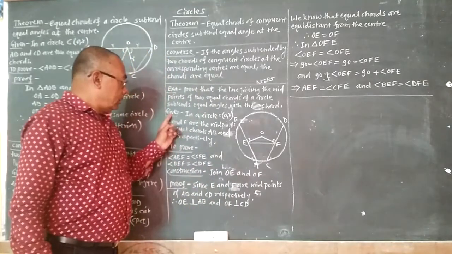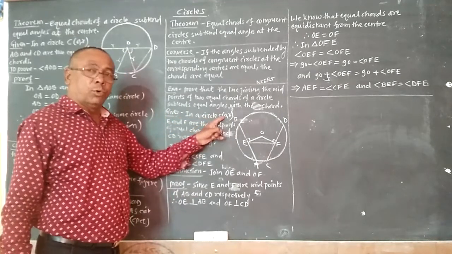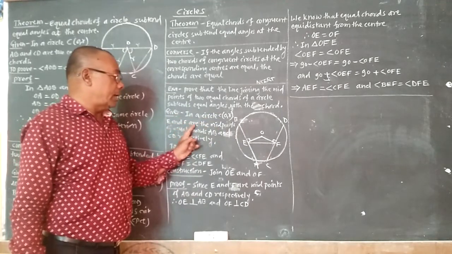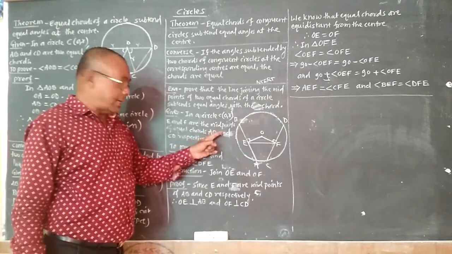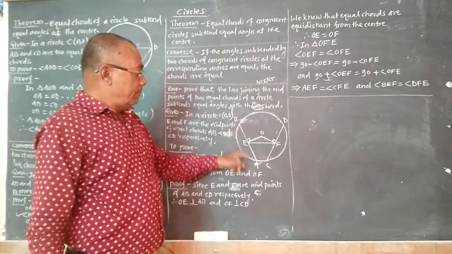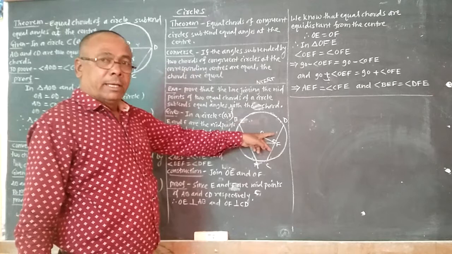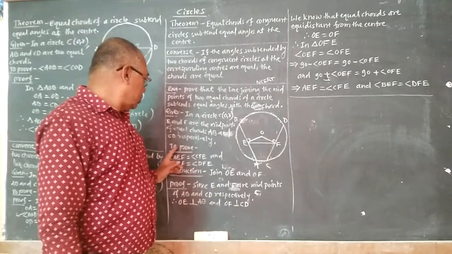Here we have to prove: given that in a circle with center O, E and F are the midpoints of equal chords AB and CD respectively.